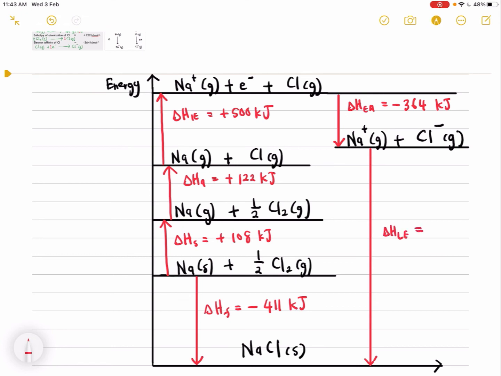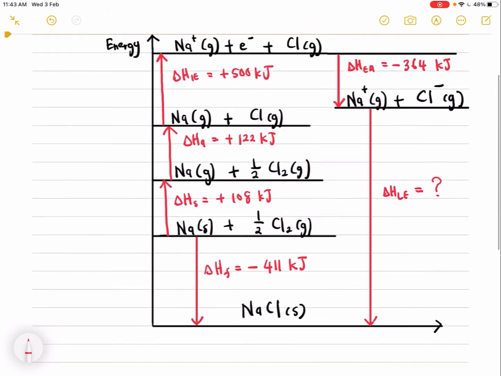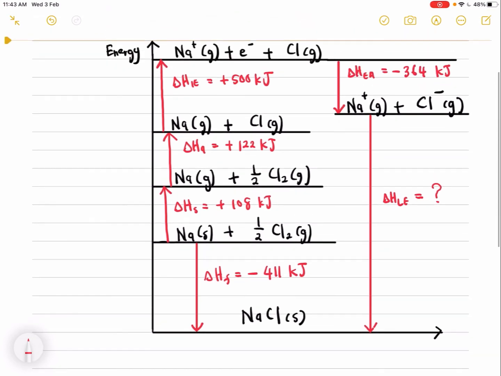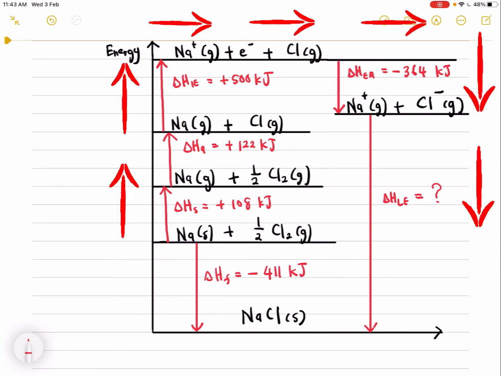In this problem, you are required to find the value of the lattice enthalpy. So how can you find it? As you can see, in the flow of this Born-Haber energy level, we have formation going downwards, and we have the flow of reactions from sublimation, atomization, ionization energy, Ea, and lattice enthalpy.